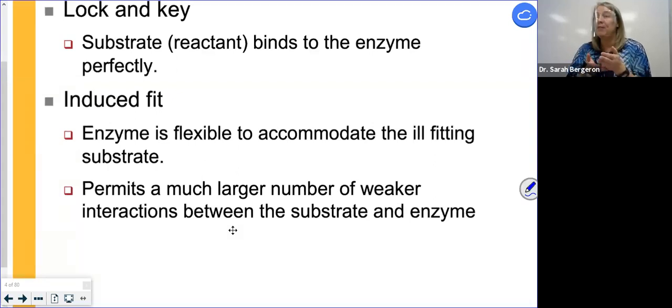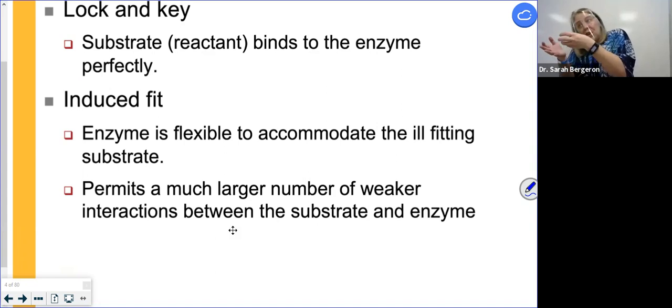If you perfectly fit the substrate, would you want to go to the intermediate stage? It's going to stay as the reactant. So what's the point, right? That's why this makes perfect sense when you really start to think about it, right? And so it allows for a certain number of weak interactions between that substrate and the enzyme so that you basically get into the site.